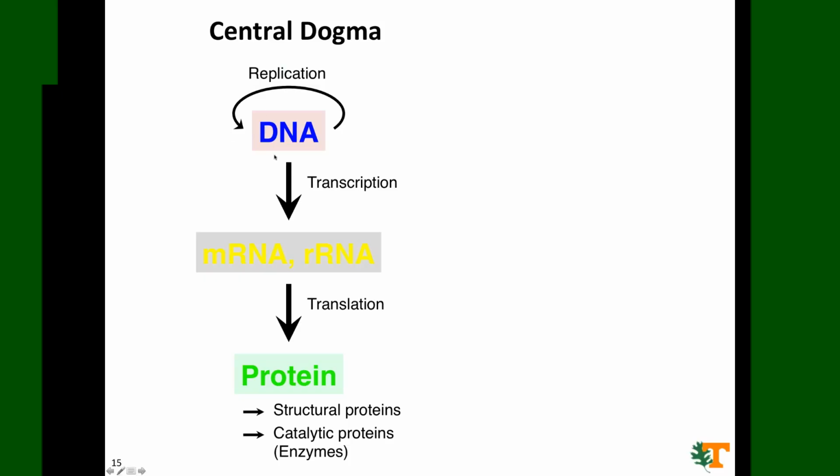But then in order to access the information on the genome, there's a process called transcription that makes RNA. And the RNA, the mRNA, is then translated to protein. And the protein is responsible for function. So typically catalytic proteins are enzymes, reductive dehalogenases that actually perform reductive dechlorination.